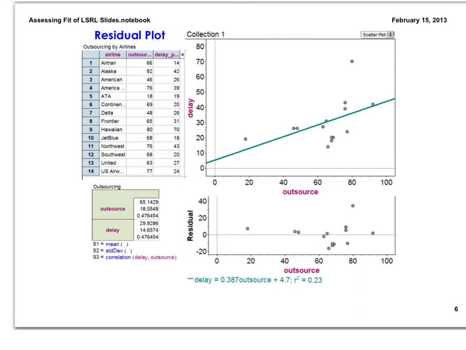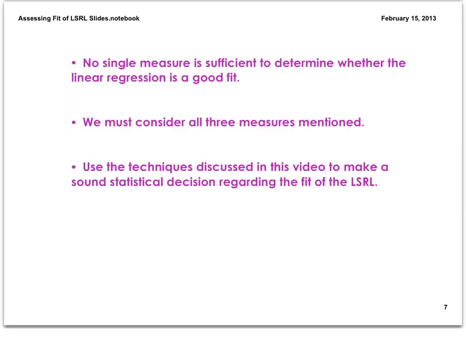And the fact that this residual plot shows inconsistent spread across the outsourced percentage, we should be concerned about using this line to make predictions. We could be wrong very often. As a matter of fact, R squared tells us we could be wrong about 77% of the time, which is not good.